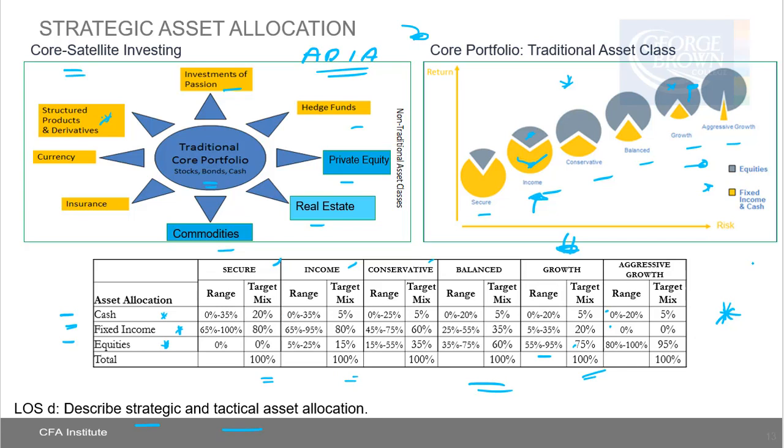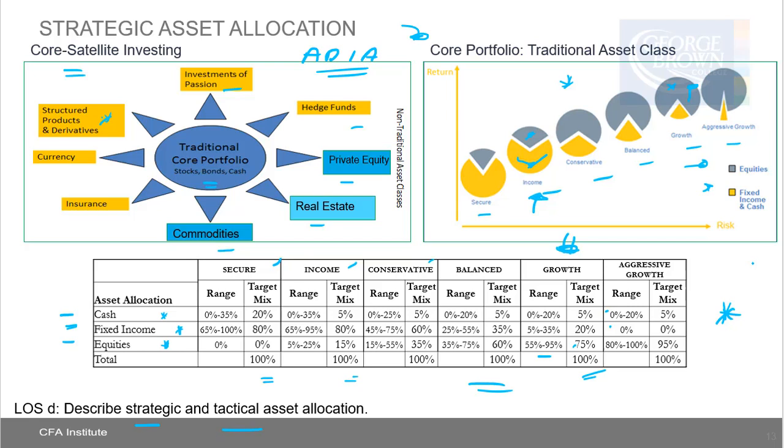So the desired overall risk and return of the portfolio is a factor in determining the strategic asset allocation. A portfolio with a strategic asset allocation dominated by global equities would be expected to have a higher return and be more volatile than a portfolio dominated by domestic bonds, because bonds generally have a lower risk than equities and thus produce lower returns. And that's why we've looked at all that historical data. The strategic asset allocation suitable for one investor may not be suitable for another.